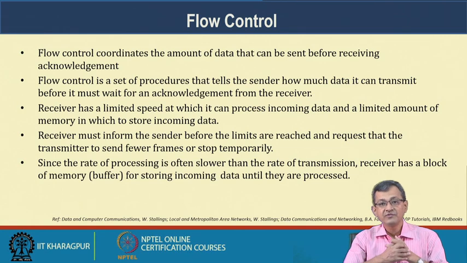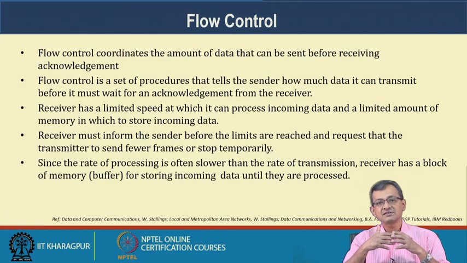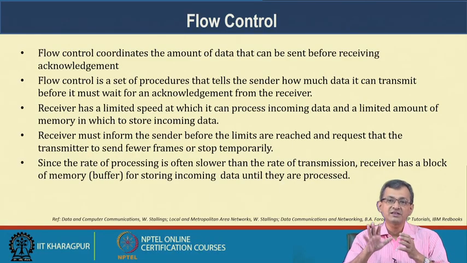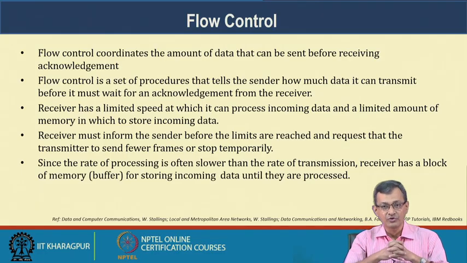If it is hungry for data, it asks the sender to send more, or if it is overwhelmed with data, it should tell the sender to stop sending or to send at a reduced speed. All of this has to happen through a procedure, which is primarily a flow control mechanism.